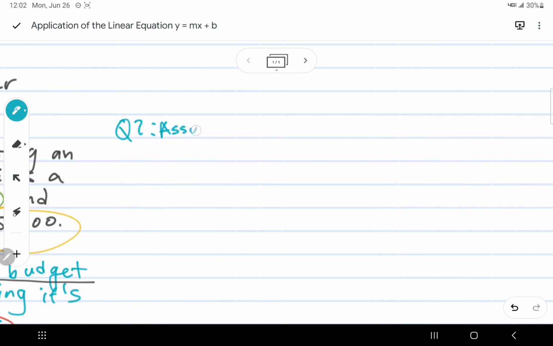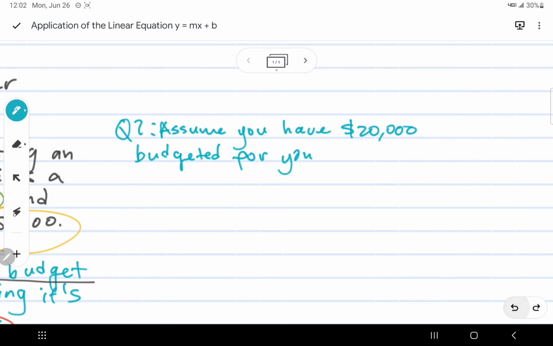Assume you have $20,000 budgeted for your apartment rent.